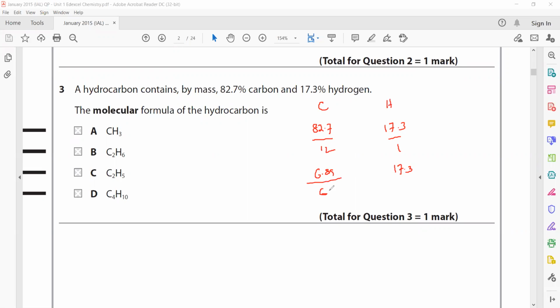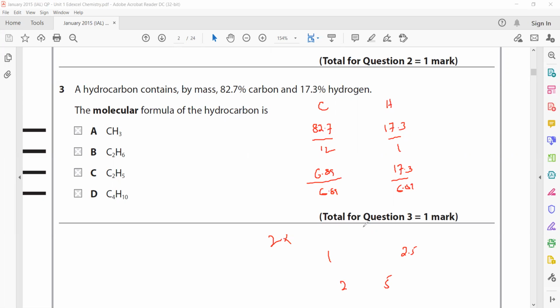We divide by the smallest value, 6.89 and 6.89. So this will be 1, and 17.3 divided by 6.89 is equal to 2.5. Whenever one of the values is 1.5, 2.5, we multiply all of them by 2. So this will be C2 and H5.